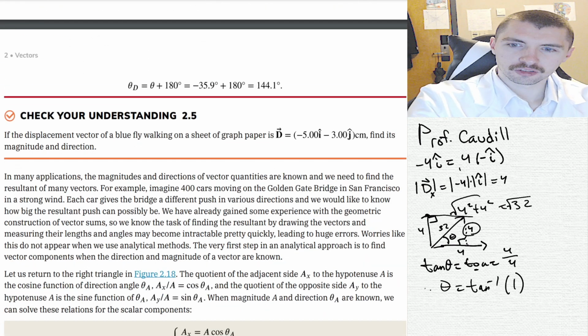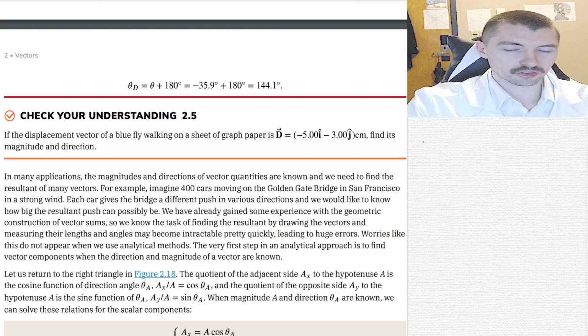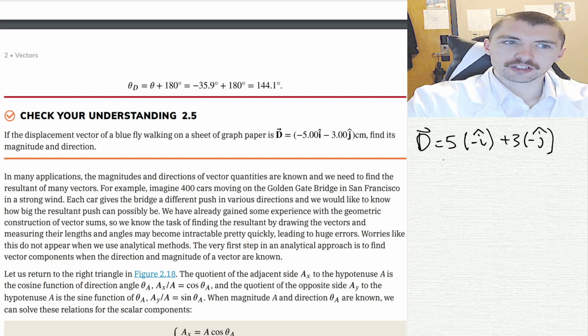So let's take a shot at this. D is 5 negative I hat plus 3 negative J hat. Find its magnitude and direction.